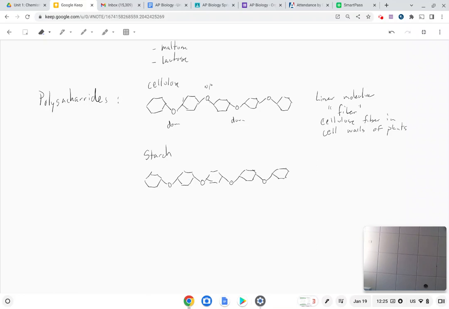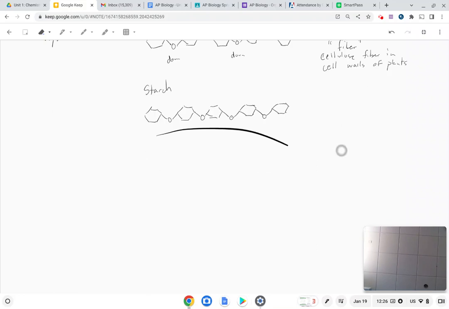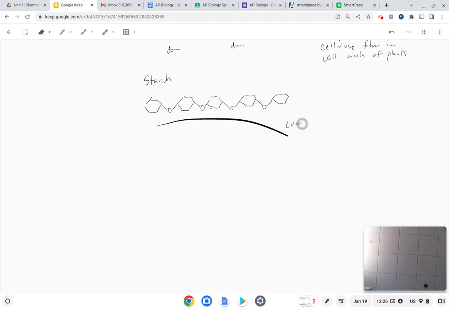And the result is it kind of results in a little bit of a curved shape. I didn't do a good job showing the curve, but a curved shape, more easily broken down than cellulose.